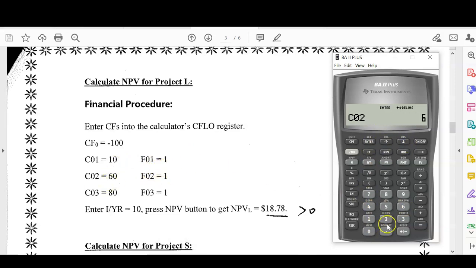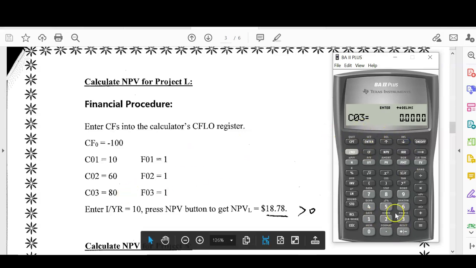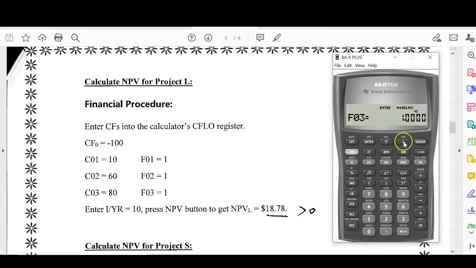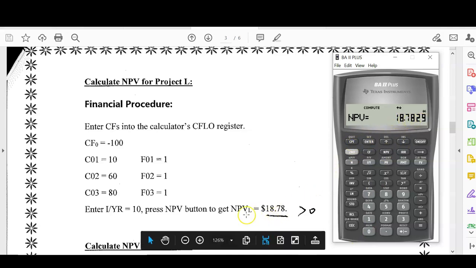Cash flow 2 as 60, enter. Frequency 2 as 1, enter. Cash flow 3 as 80, enter. Frequency 3 as 1, enter. Okay, double check, no cash flow 4. Come back to cash flow 0, go to the NPV button, I input as 10, enter, down button, compute. Okay, we have 18.78 as our NPV for L.